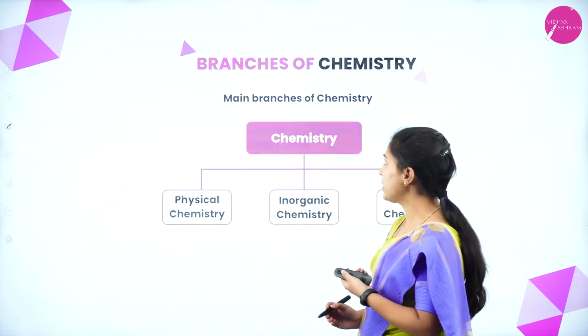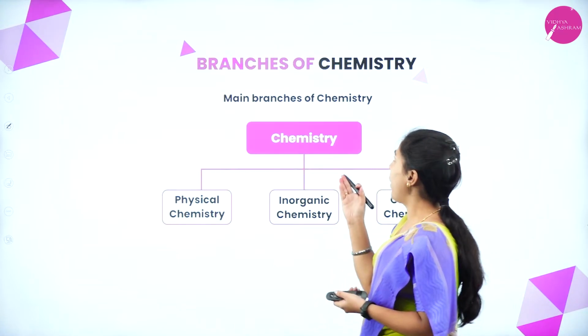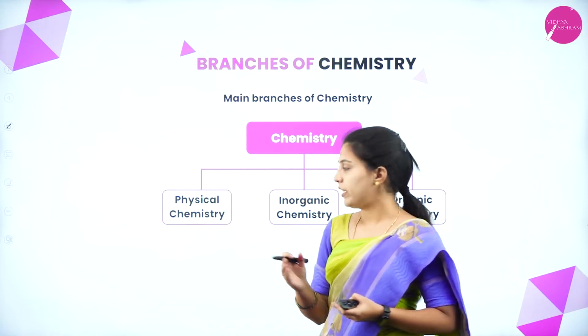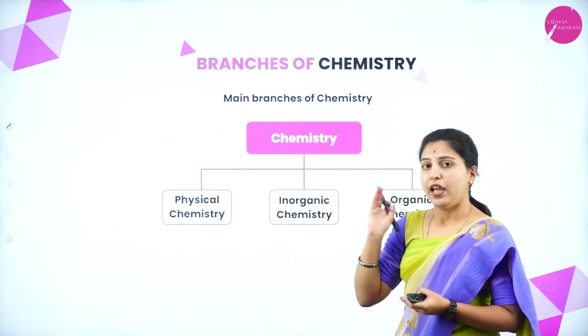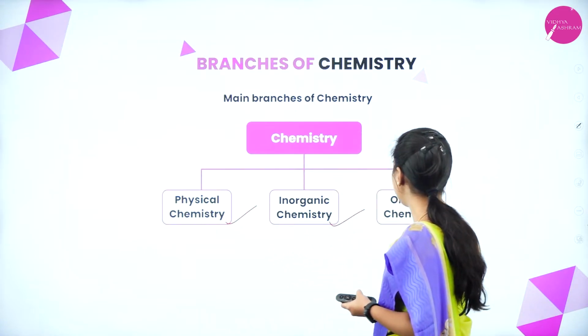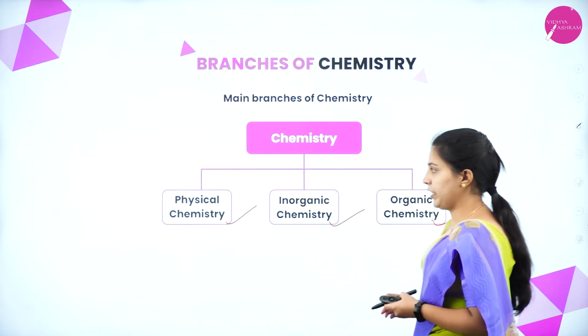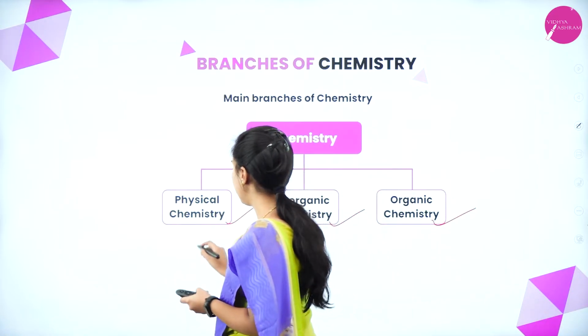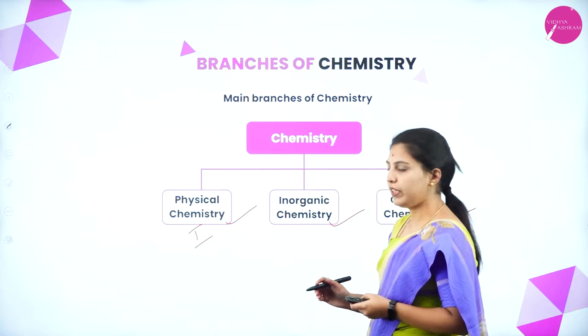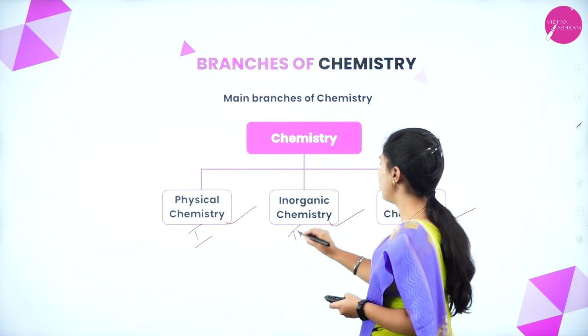So next we'll see branches of chemistry. There are so many branches in chemistry, but in your syllabus we will discuss only physical chemistry, inorganic chemistry and organic chemistry. Physical chemistry we will consider as group 1. Inorganic chemistry we will discuss as group 2.